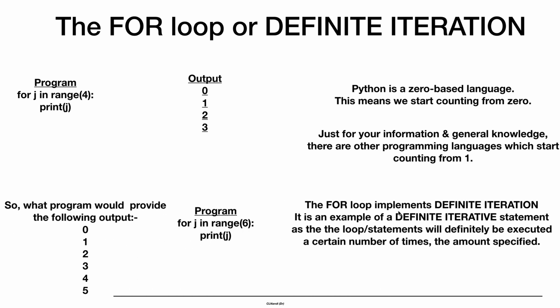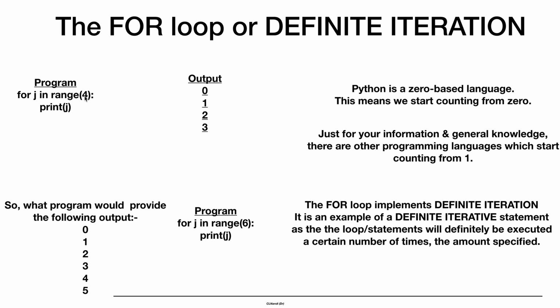Now the for loop implements definite iteration. It is an example of a definite iterative statement, as the loops or statements will definitely be executed a certain number of times, the number of times or the amount specified. What do we mean by this? If we look at this first program here, this loop will be executed 4 times.